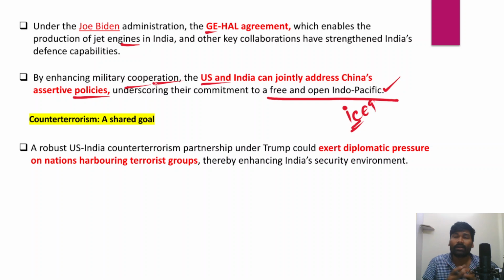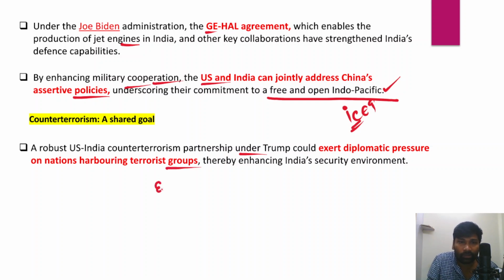And another important dimension where India and the US can work together is under Trump's administration of America and under the prime ministership of Modi. A robust India-US counterterrorism partnership under Donald Trump could exert diplomatic pressure on nations harboring terrorist groups.